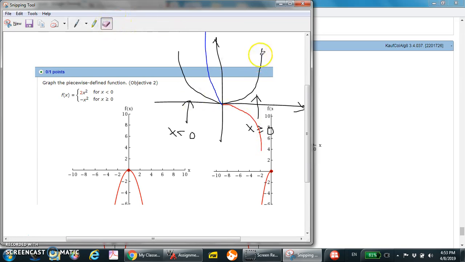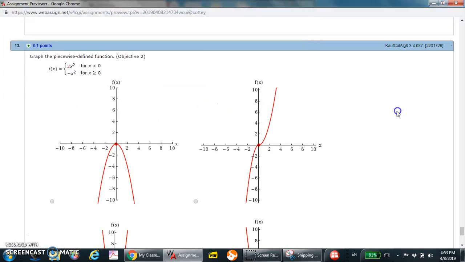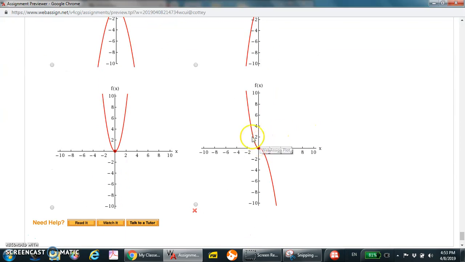Okay. After we erase the original graph, this will be the graph of this piecewise function. And if we compare with the given options, you can see the answer is D.